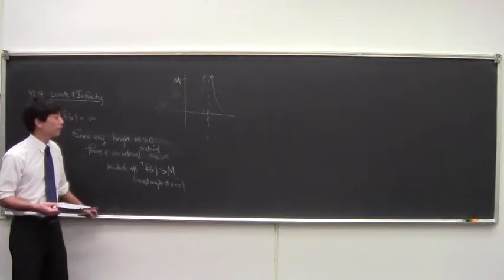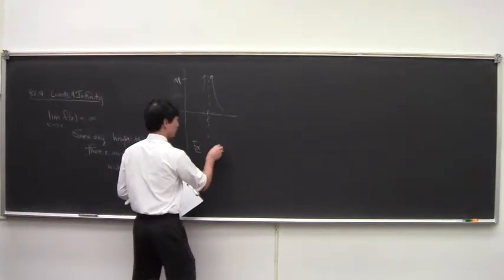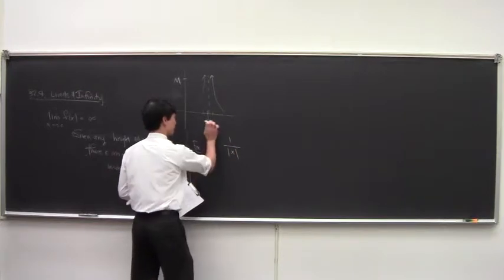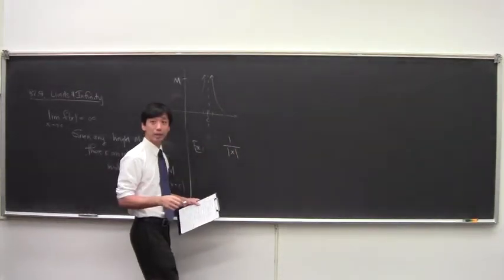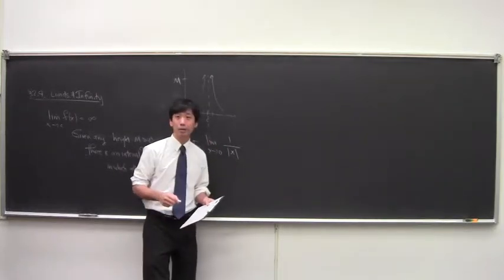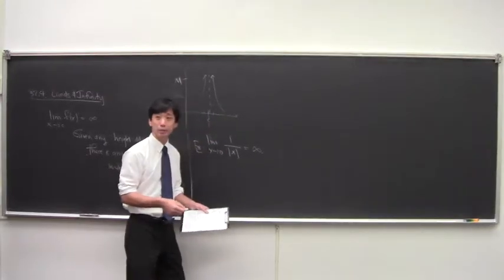So for example, suppose I'm looking at 1 over the absolute value of x, and I'm looking at the limit of that as x goes to 0. That's going to be infinite. What's the picture look like?